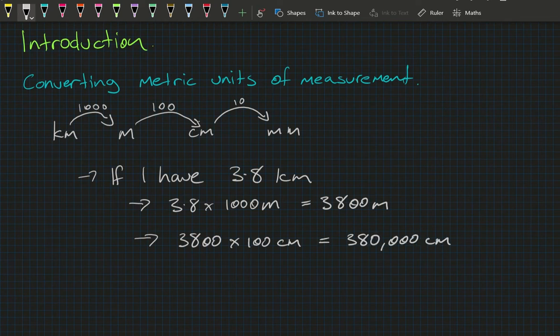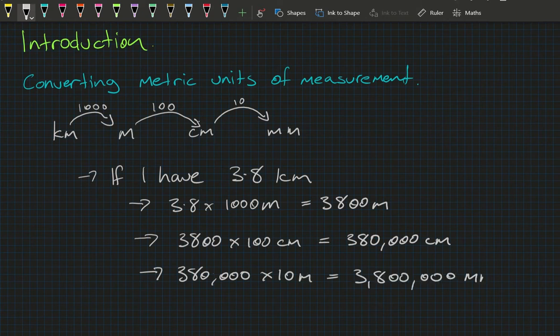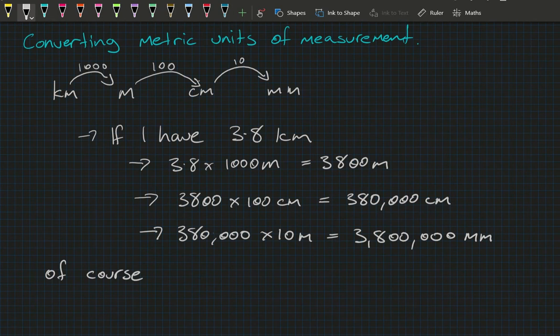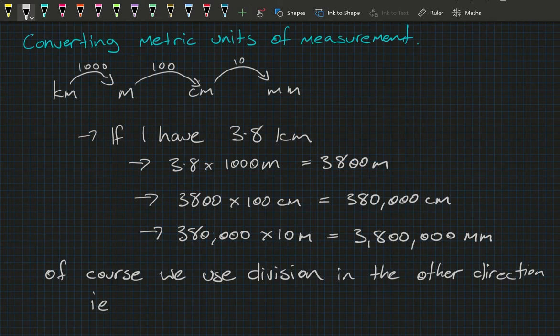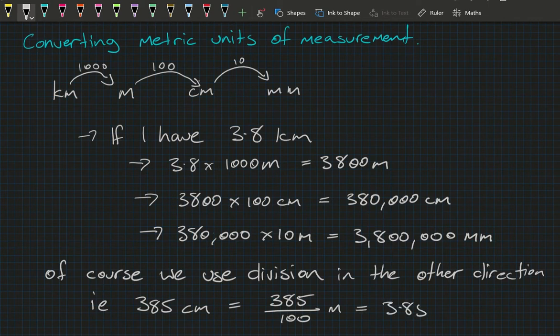And finally, we can sub in 10 millimetres for each centimetre. So we now get 380,000 times 10 millimetres, which is equal to 3.8 million millimetres. Of course, we'll need to use division if we move in the other direction, i.e. 385 centimetres is equal to 385 divided by 100 metres, which is 3.85 metres.